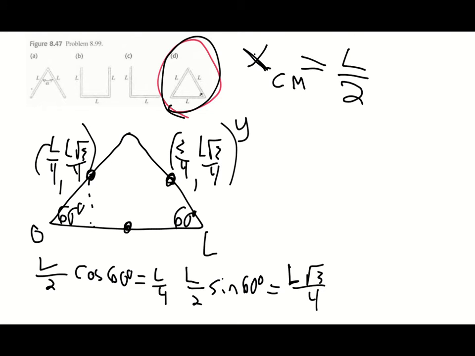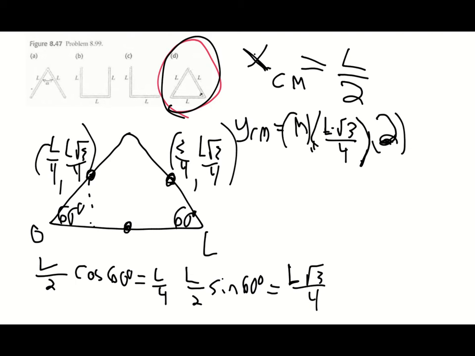That's going to be m times L √3 over 4. And there's 2 of those, one here and one there.